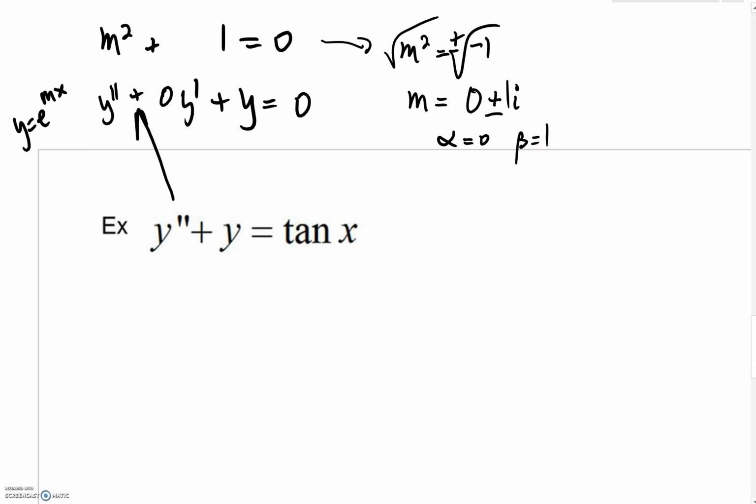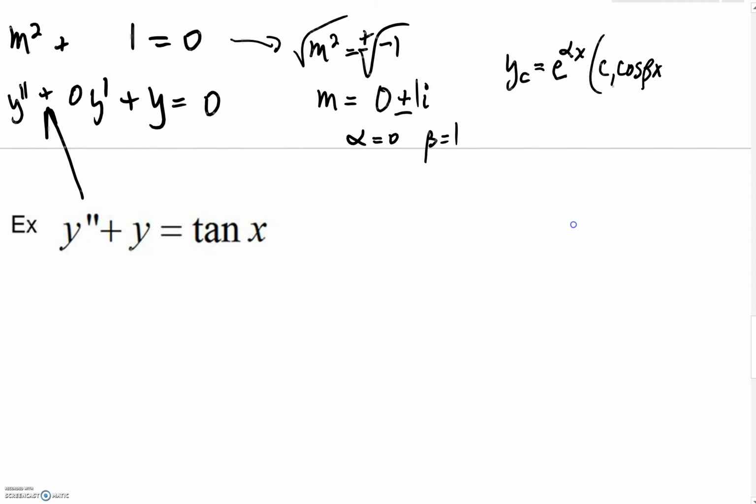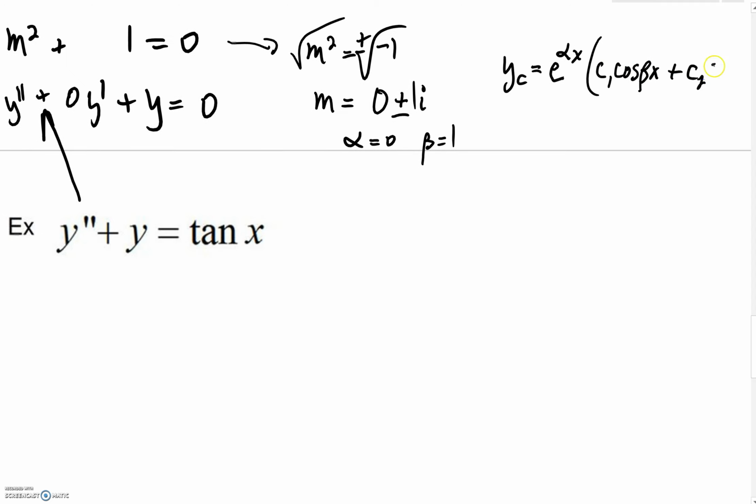And hopefully you do remember that in general what we would see for this homogeneous solution when we're getting complex solutions, it's e to the alpha x times c1 cosine of beta x plus c2 sine of beta x.